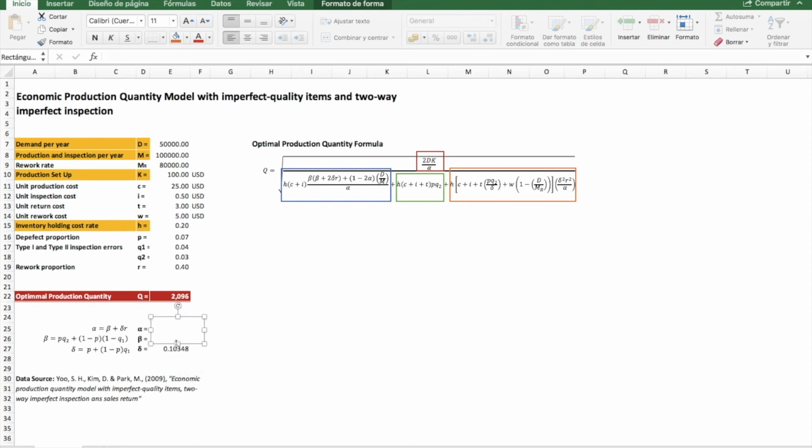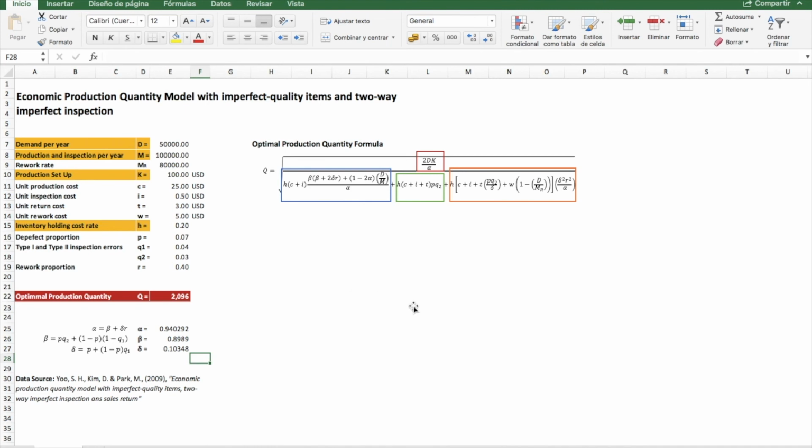We only have to use the values that we already have and write them based on the equations on the side. As you can see, we have the value of p plus open parentheses 1 minus the value of p closing parentheses times the value of q1. We do the same for the next two variables and we get these results.